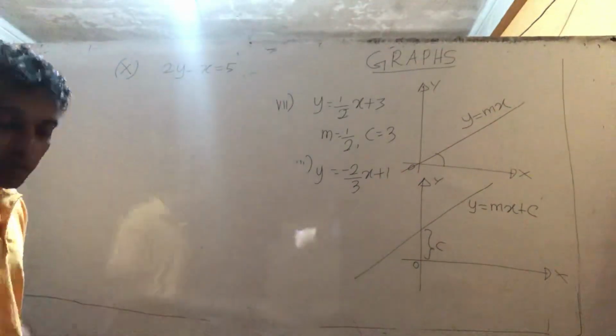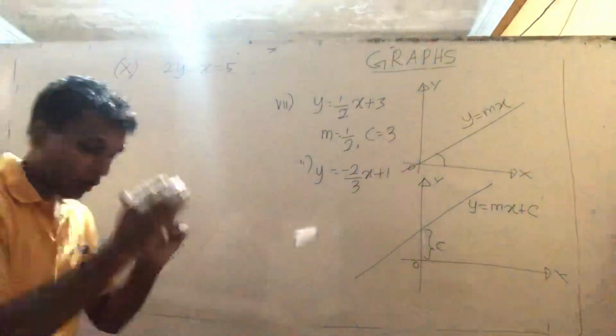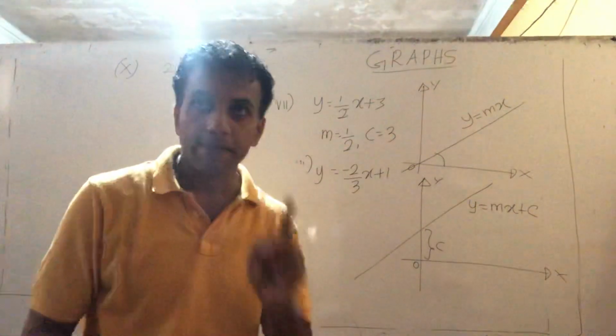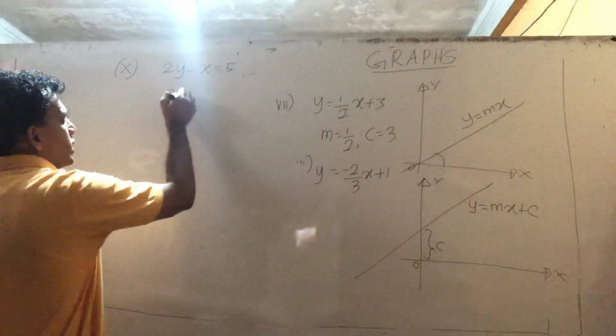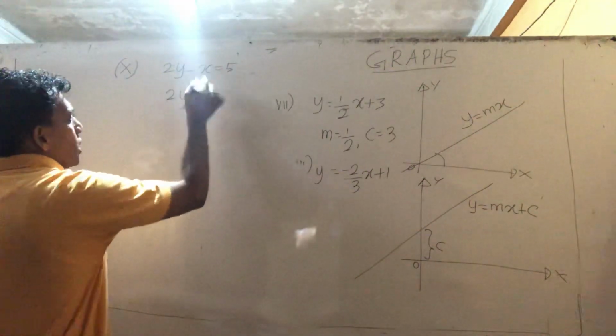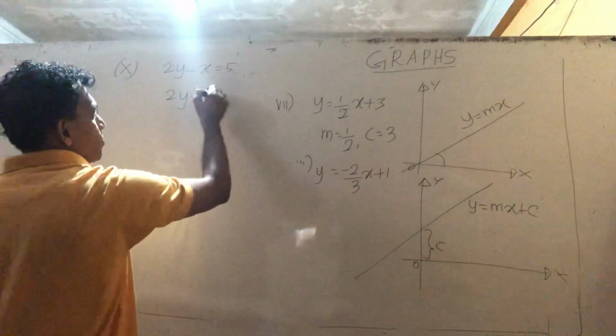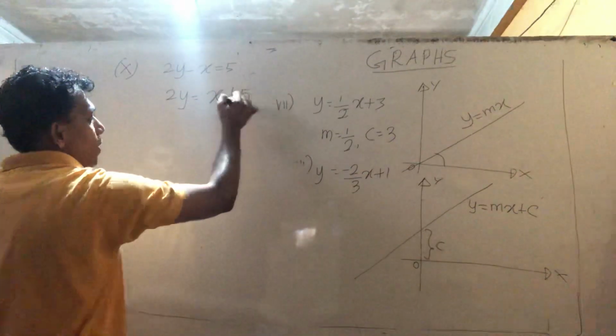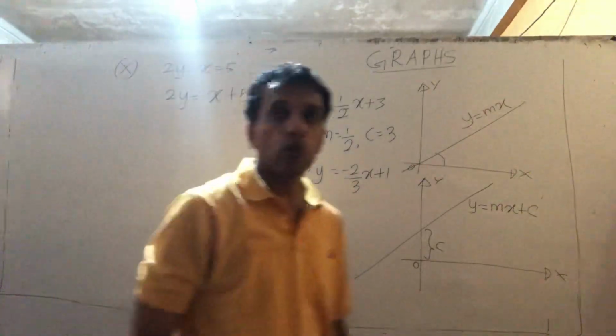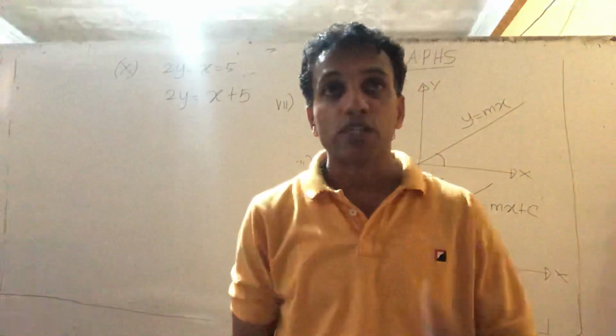So we write the y equal form. I said y equal what? Therefore make y the subject. So 2y equal minus x, that side plus x, and here 5, so 2y equals x plus 5. Therefore what is 1y?